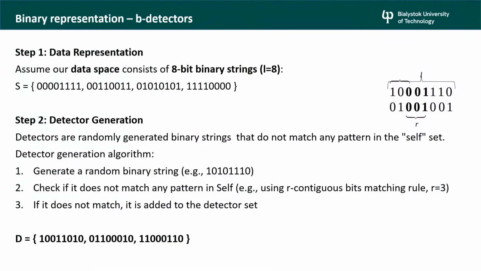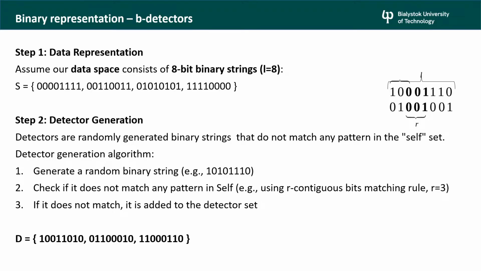We have 4 self samples. All the samples are 8-bit length. We need to generate the binary detectors, which will detect all the patterns except this set.